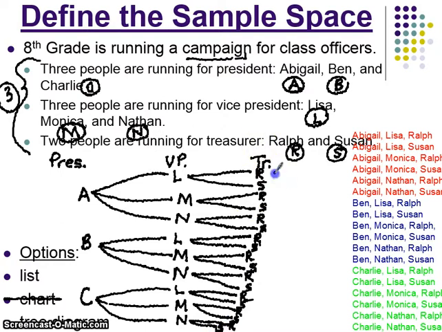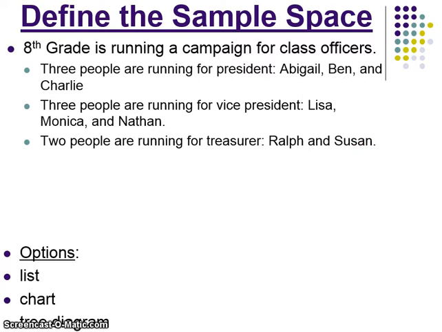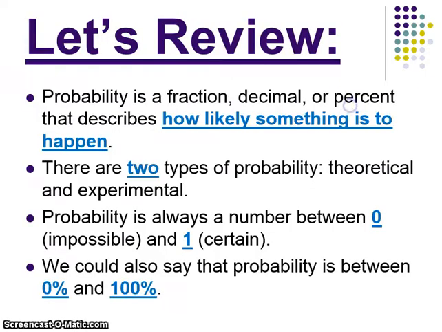So here we have 1, 2, 3, 4, 5, 6, 7, 8, 9, 10, 11, 12, 13, 14, 15, 16, 17, 18. There are still 18 different options for class officers. 18 different combinations.